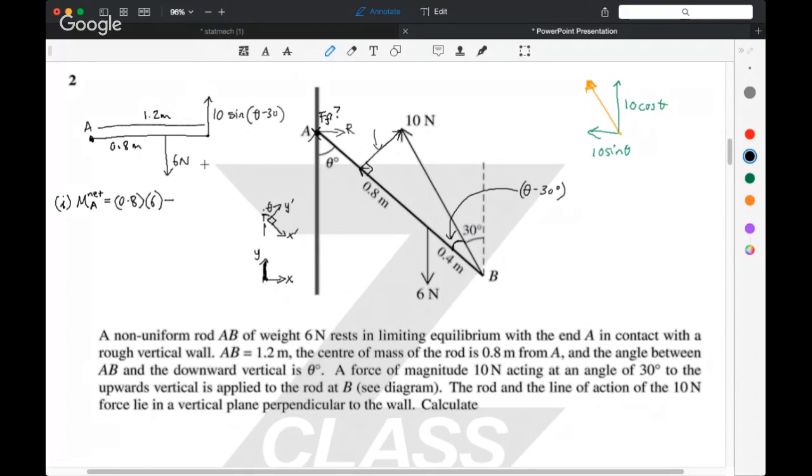If either of these was to rotate around A, this one would be rotating anticlockwise and this one would be rotating clockwise. So there's a negative sign between them. So minus 1.2 times 10 sine of (theta minus 30), which is equal to 0. And you can use that to get theta.